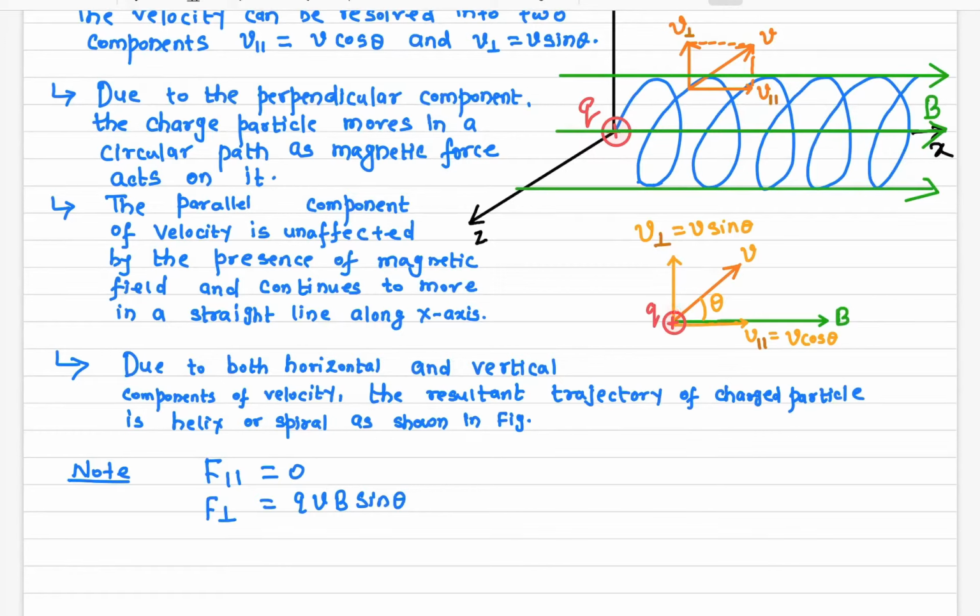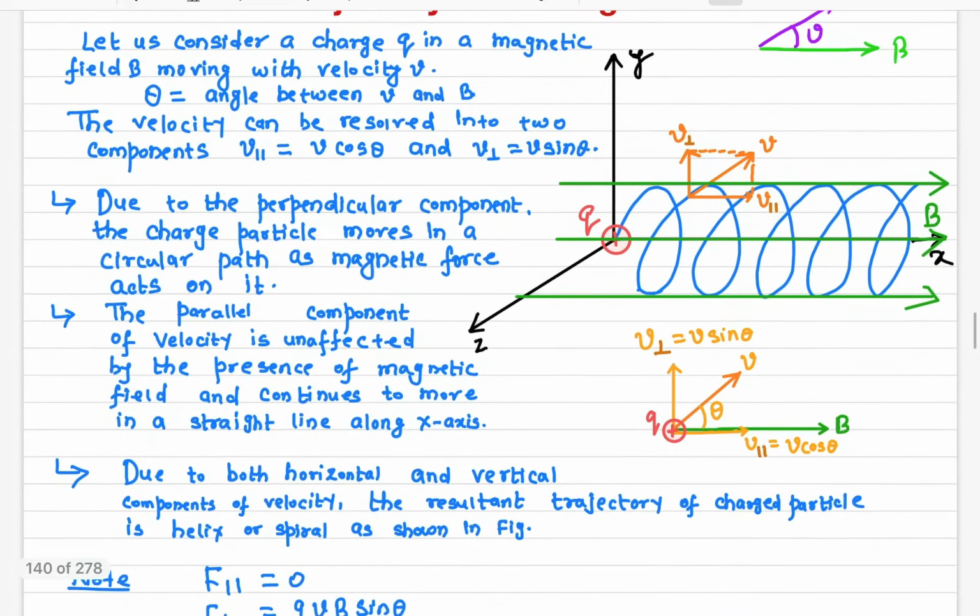As a result, the charged particle is doing two things. It is moving in the direction of the magnetic field, and at the same time it is moving in a circular orbit, and the combination of both makes a helical path.